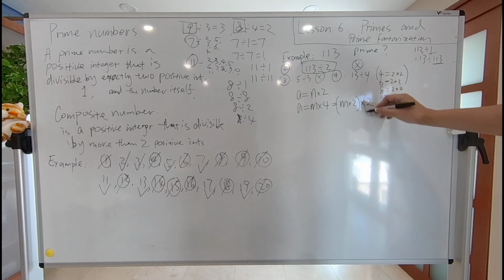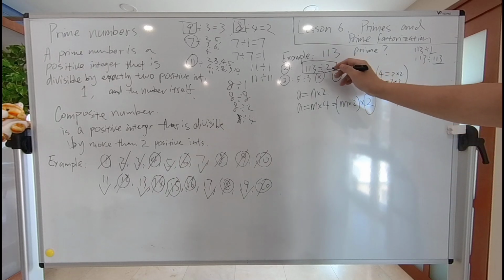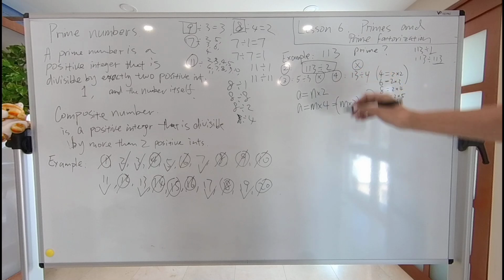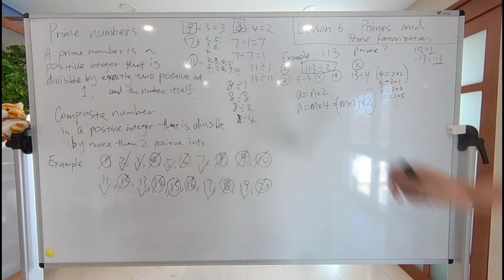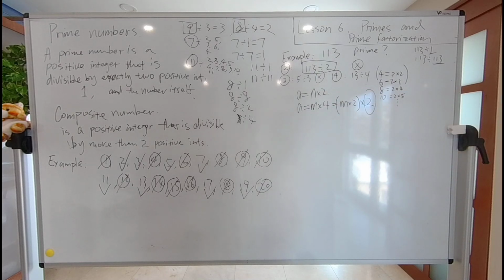So there must be at least one factor of 2, which contradicts the original conclusion. So we can start from here and skip all the even numbers, because it's not divisible by 2, so it will for sure not be divisible by all other even numbers.